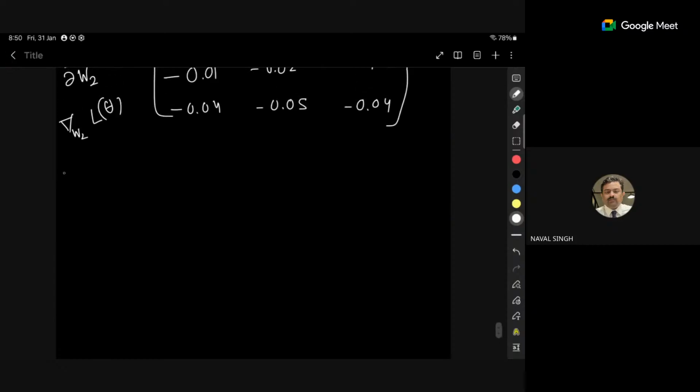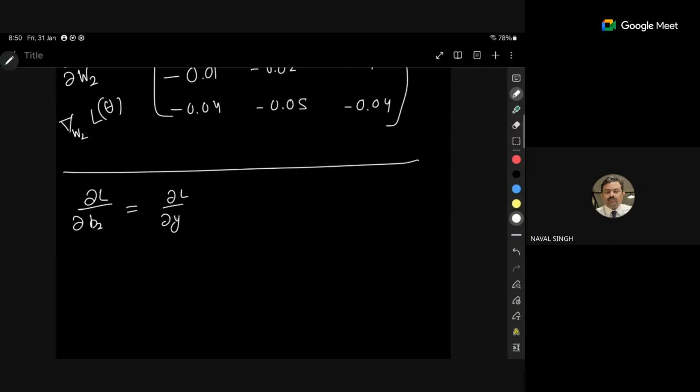Now comes the third, which is the same as the second. There is nothing changing here. So we have to do it with respect to W3. If I had done it with W2, nothing would have changed. So I had A3 with respect to H2, H2 with respect to A2, then A2 with respect to B2.